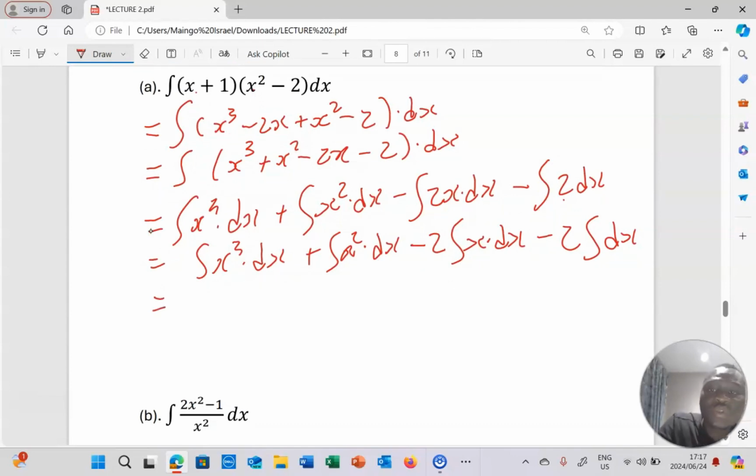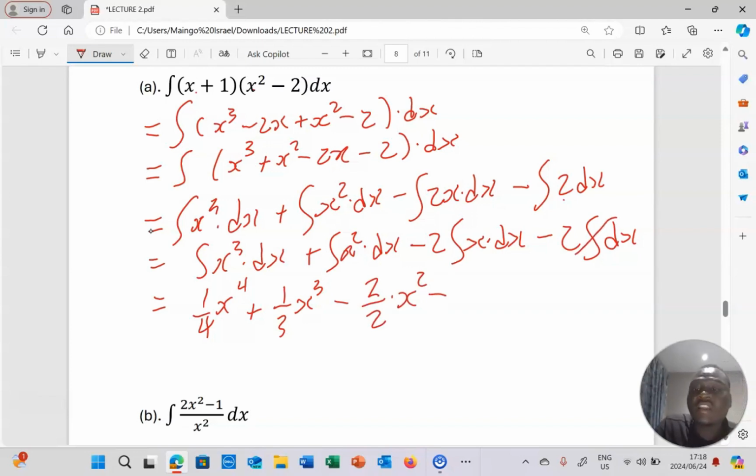When we integrate, we use the power rule. So this will be 1 over 4 x to the power 4 plus, adding 1 to the exponent, 1 over 3 x cubed. Then minus, we add 1 again, 2 over 2 times x to the power 2, minus, the d and the integral cancel each other, 2x.